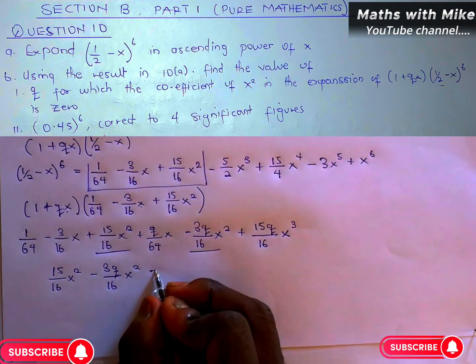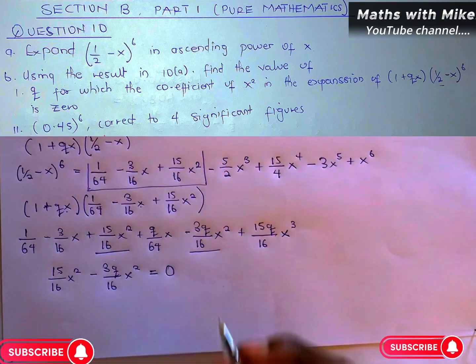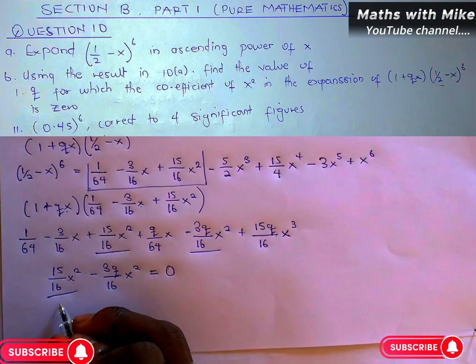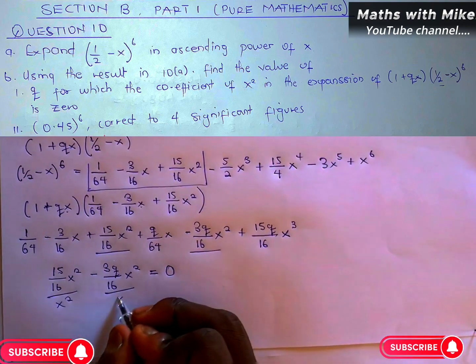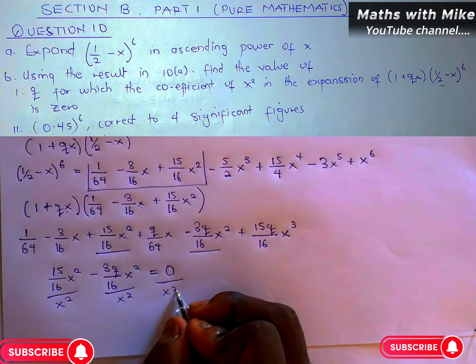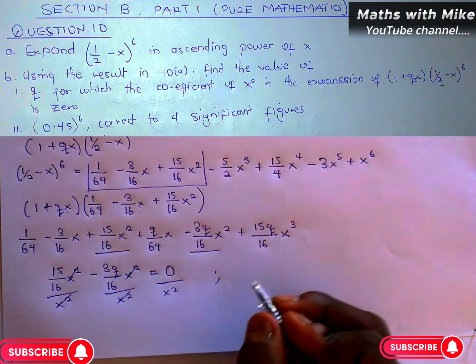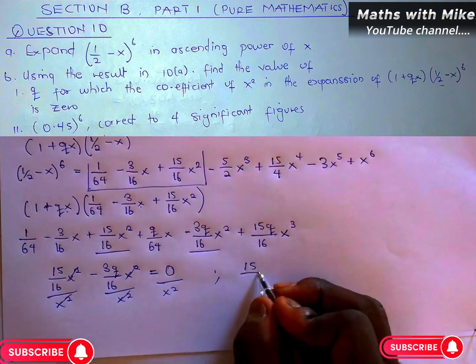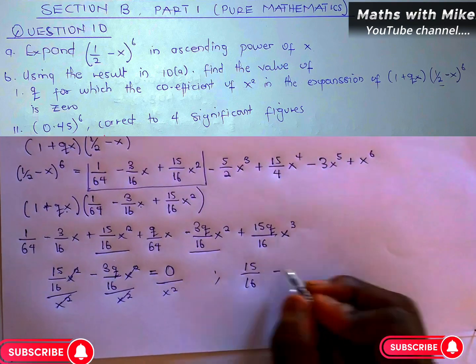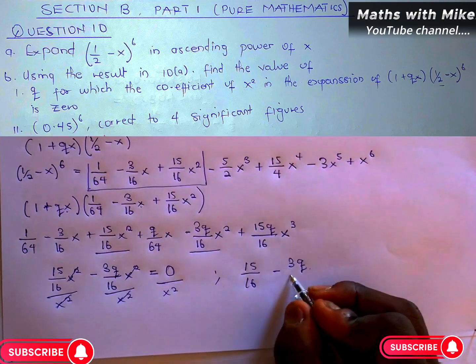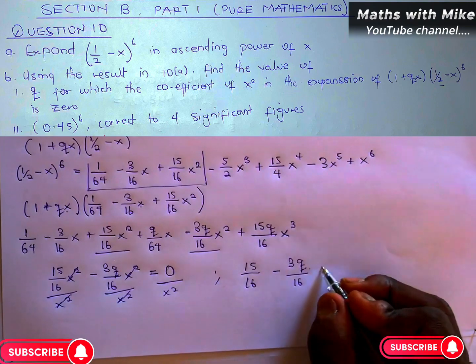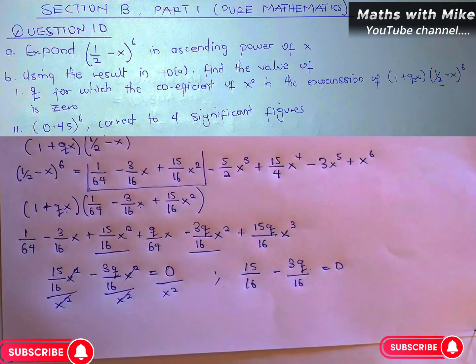And from the question, the coefficient of x squared is 0. So if we divide every side by x squared, this is going to give us 15 over 16 minus 3q over 16. And this is equal to 0.